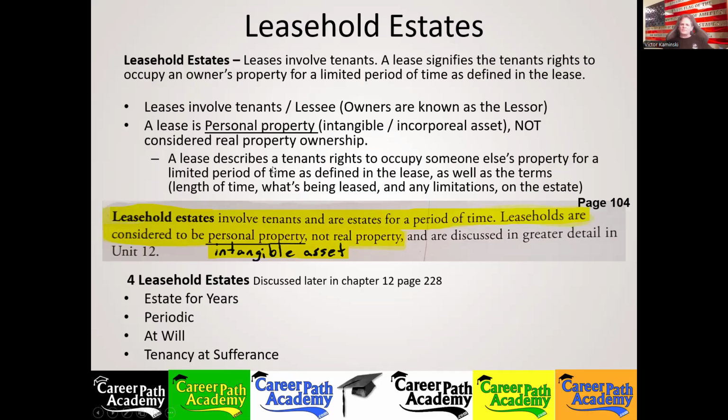So a lease describes the tenant's rights to occupy someone else's property for a limited period of time as defined in a lease, as well as the terms, the length of time, what exactly is being leased, and any limitations on the estate. So leaseholds, let's highlight, involve tenants. You can see what I got written here. Let's highlight that on page 104.